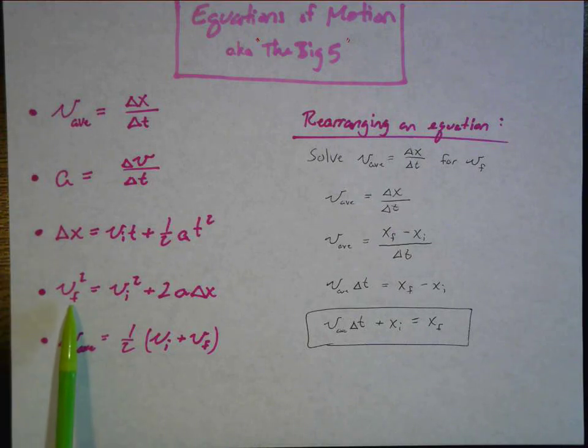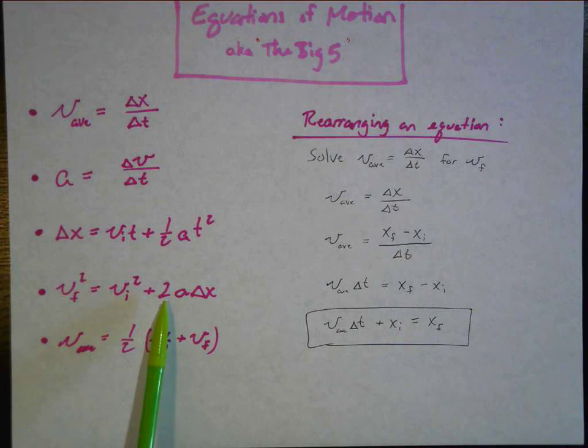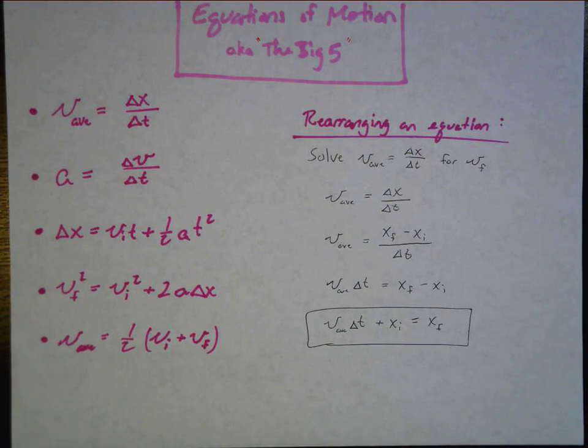What we have is final velocity squared is equal to initial velocity squared plus 2 times acceleration times displacement. That'll be a useful equation as well. And notice there's no time in it, so we don't need to know the time if we end up using this one.